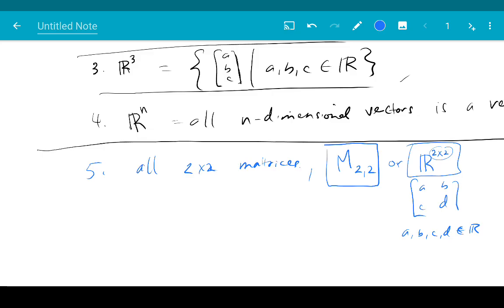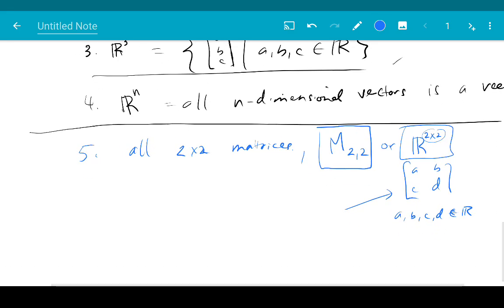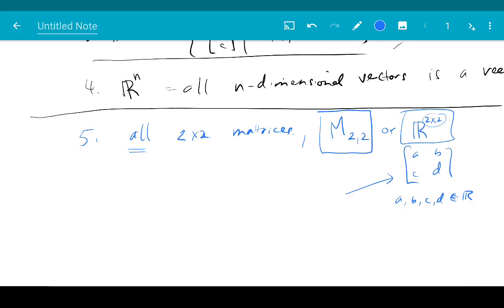This is a vector space. If I take any two 2x2 matrices that look like this and add them together, we already know you're going to get another 2x2 matrix. And since our set contains all of them, it's going to be closed under addition. Same thing for scalar multiplication, right? I meant matrices, not vectors.